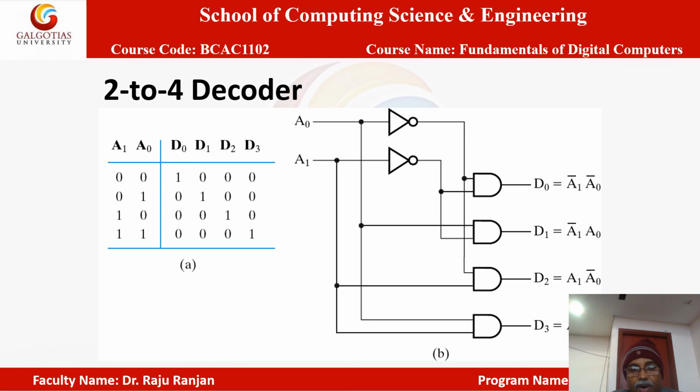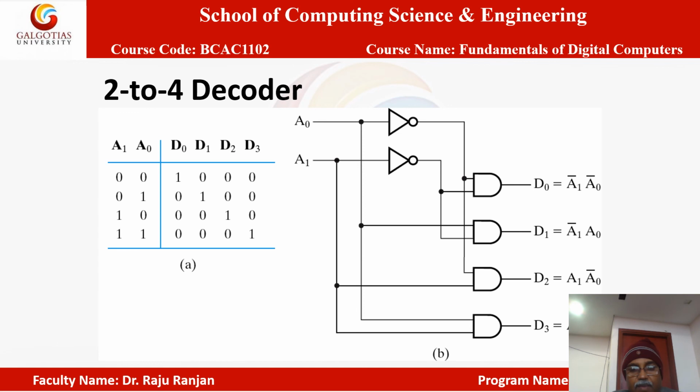Similarly, D2 takes one input from the inverter, which becomes 1, and the second input directly from A1, which is 0, so D2 is also 0.